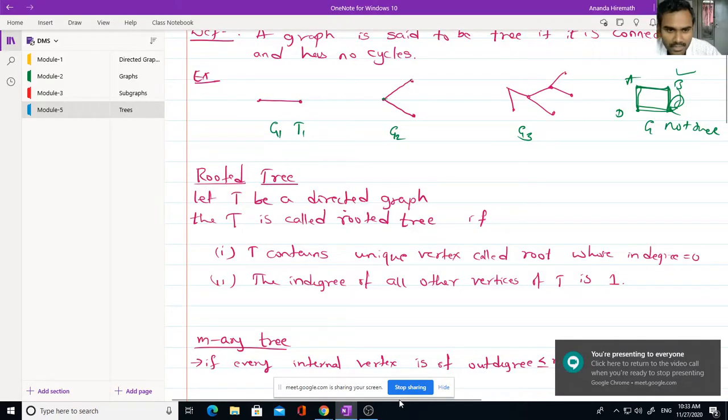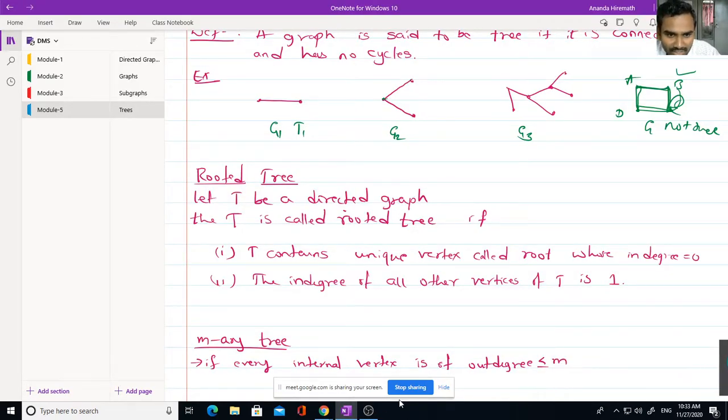Well, now let us discuss rooted trees. A tree T is called a rooted tree. First condition is it should be a directed graph, and T contains a unique vertex called root whose in degree is equal to 0.